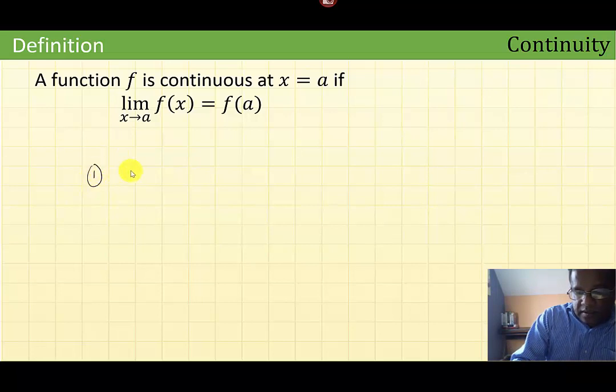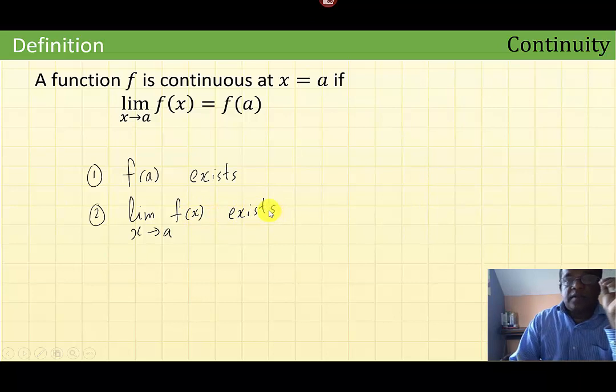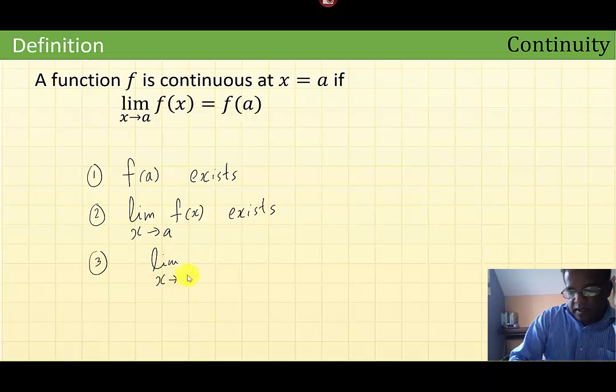First one is f of a exists. Second one is the limit as x goes to a of f of x exists. And the third condition is the limit as x approaches a of f of x is the same as f of a.